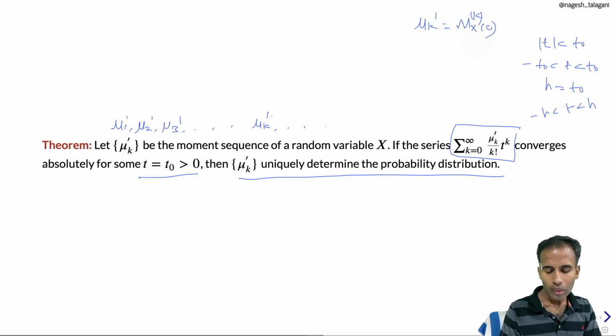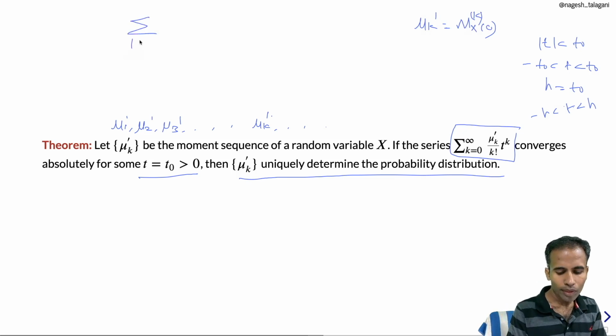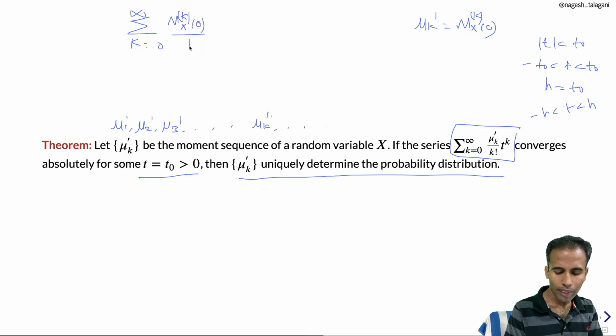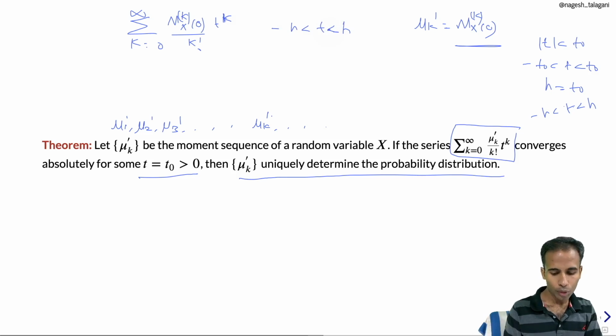So we can write this power series in terms of MGF derivatives like this: the kth order derivative of the MGF at 0 by k factorial, simply replacing mu k dash with this, into t to the power of k, and this converges for all t in the interval minus h to h, which is a neighborhood of 0.